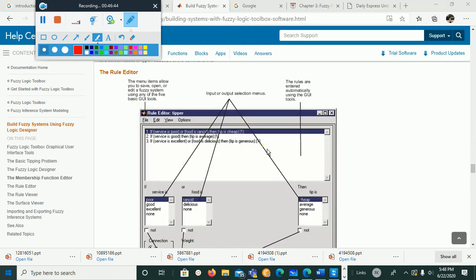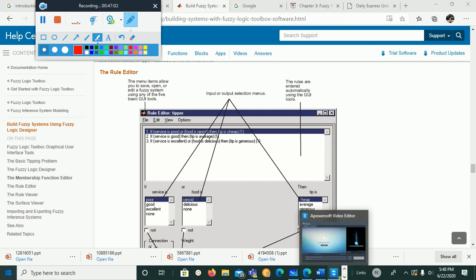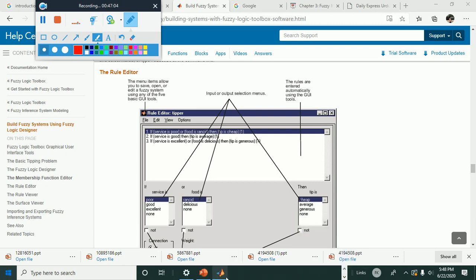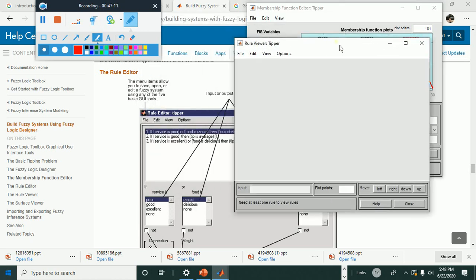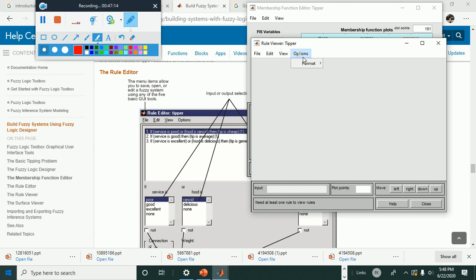Now we will add rules for what we have entered into the fuzzy system. So here we will open the rule editor, rules, and then open the rules.